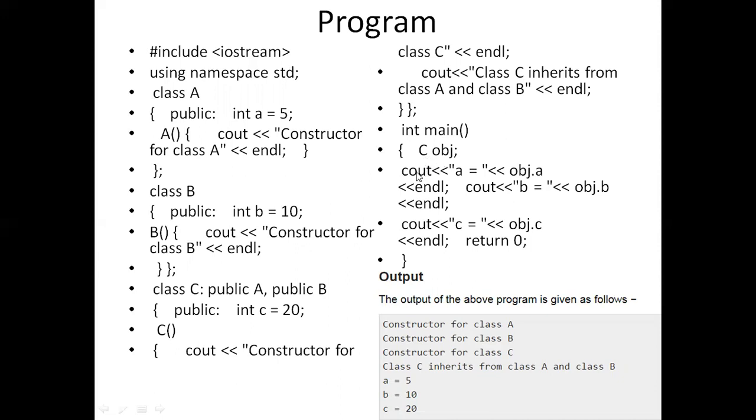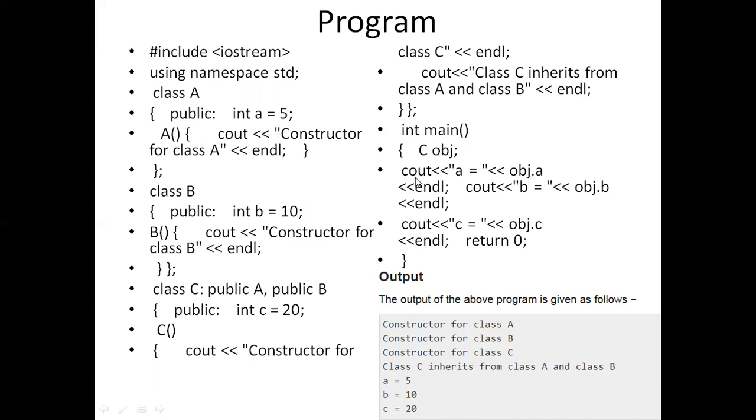So, C object. What is happening here? When the C object is created, the constructor of class A runs first, because it inherits class A first and then class B. Then the constructor of class B runs, and then it prints that class C inherits from class A and B. Because these data members are public, they can be used outside of the class.